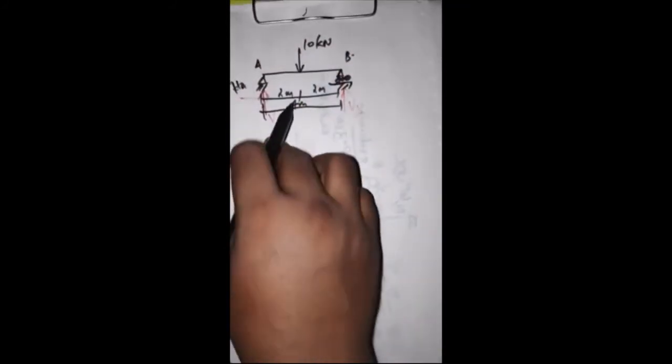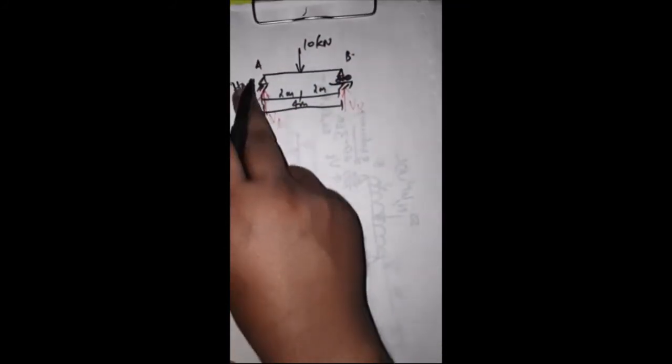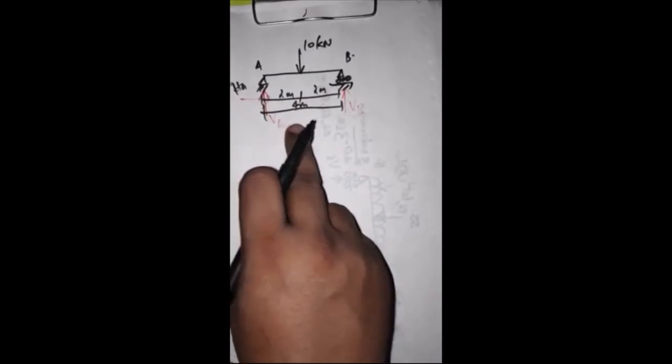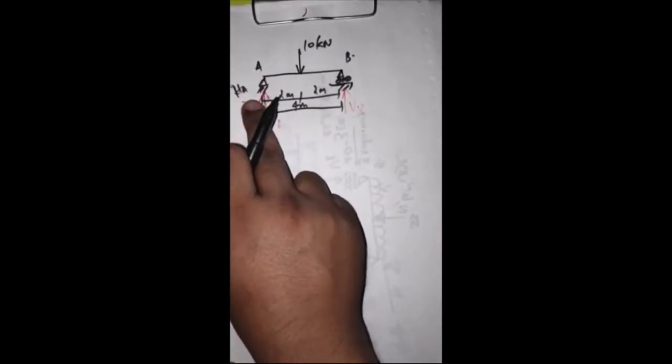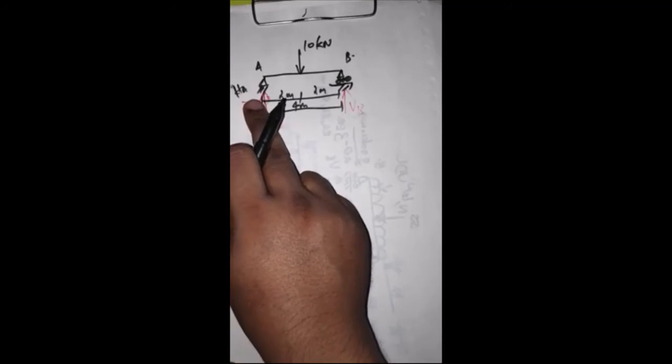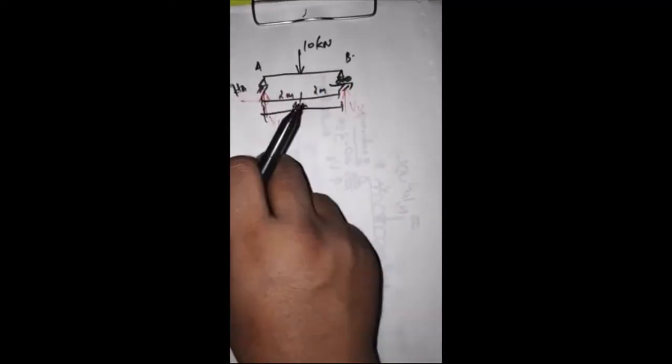You have to be very clear when I am saying this. The possible reactions are VA, VB and HA, the horizontal reaction.